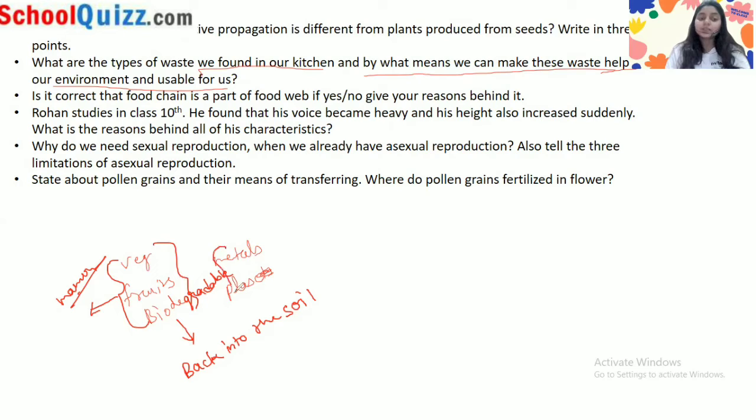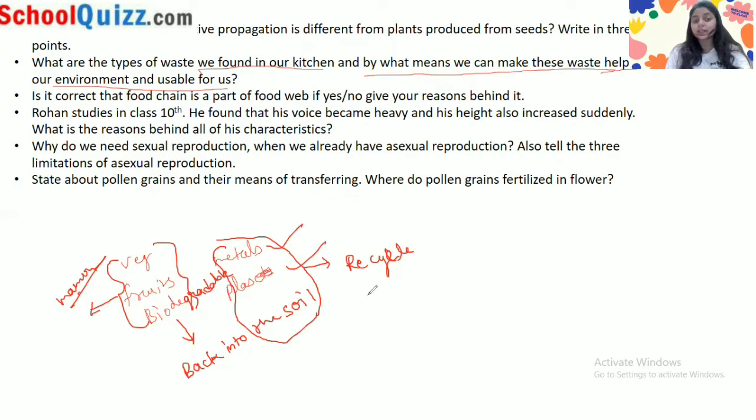But non-biodegradable waste is present in our environment for a long time, and we cannot make it go back into the soil. Why? Because they are like plastic bags and metal cans. So what can we do for them? We can recycle them and reuse them, so our environment will be protected from this type of waste.